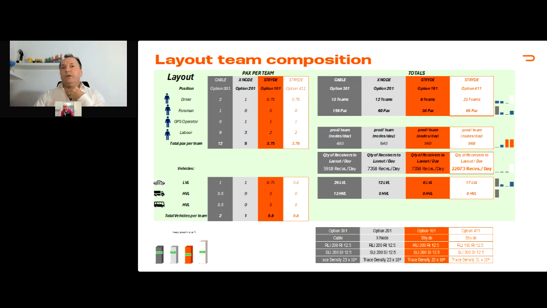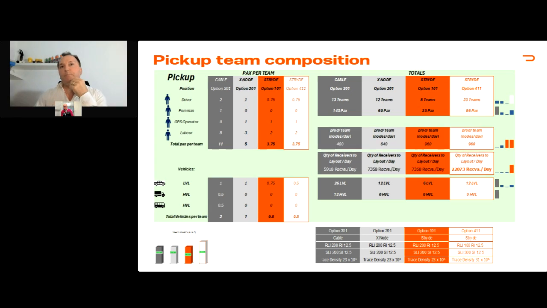And if we are looking at layout about being a generic node, we need 60 people for the generic node, and we need half of that, 30 people for the stride node. So look at the number, look at the size of the crew when you go from cable to generic node to stride node. It's extremely significant, and that's only for the layout team. And if you go double the density, you are still way below the cable size for layout. That will be shown in the coming slide.